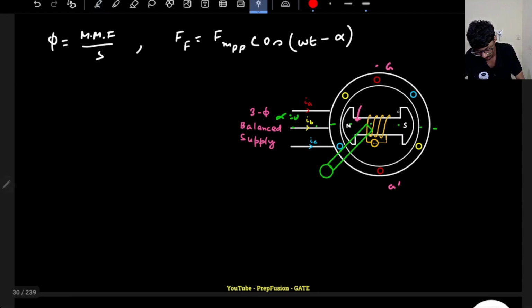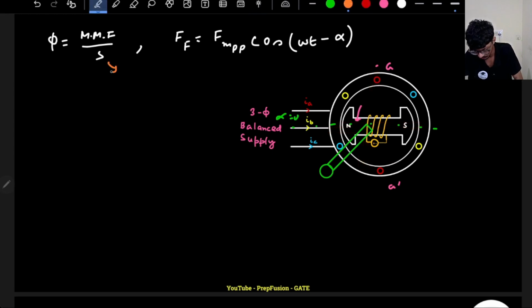Now if this is a rotating magnetic field, if I observe with respect to this conductor, what is the EMF induced, that I want to know. One thing I told you, that for a salient pole rotor the reluctance will be different.